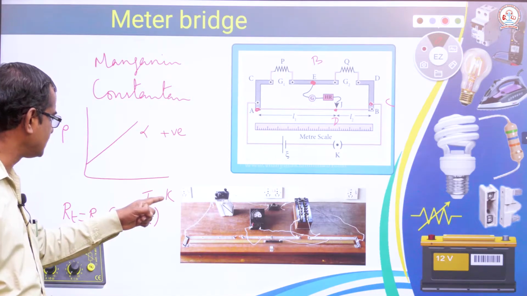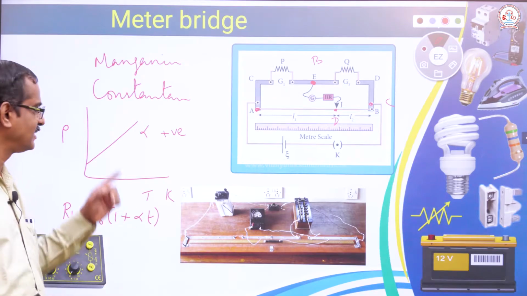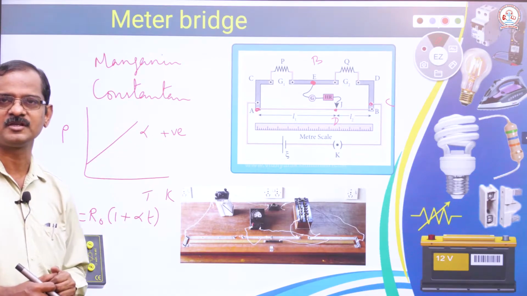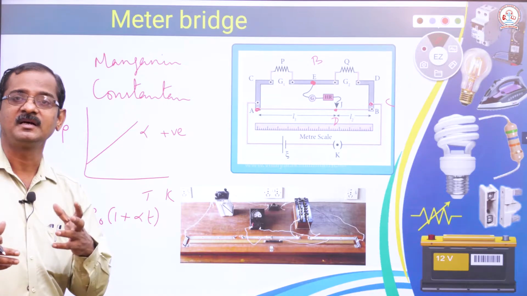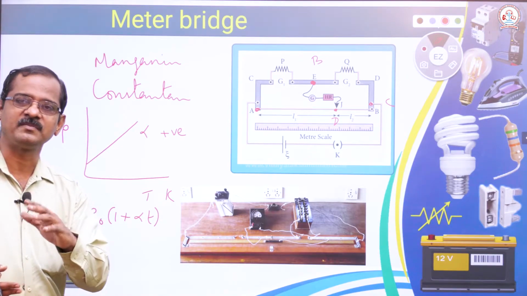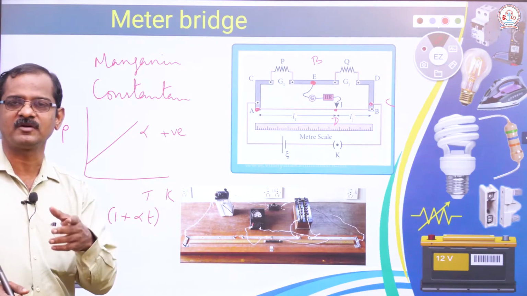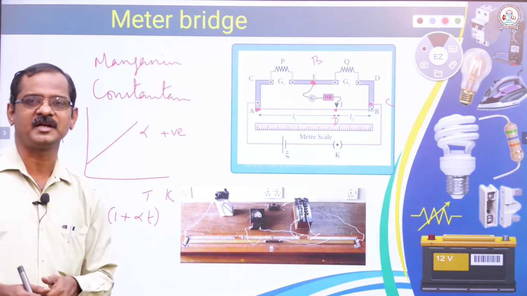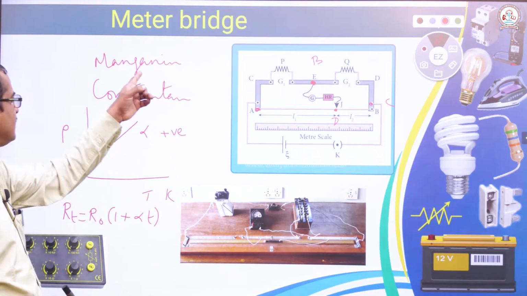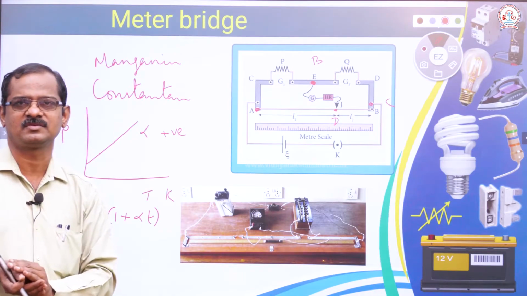When temperature increases for conductors, resistivity increases, so we say alpha is positive. When temperature increases, resistance increases. Whereas for semiconductors, when temperature increases, resistivity decreases, so we say alpha is negative. Whereas for these alloys, the alpha value is very small.